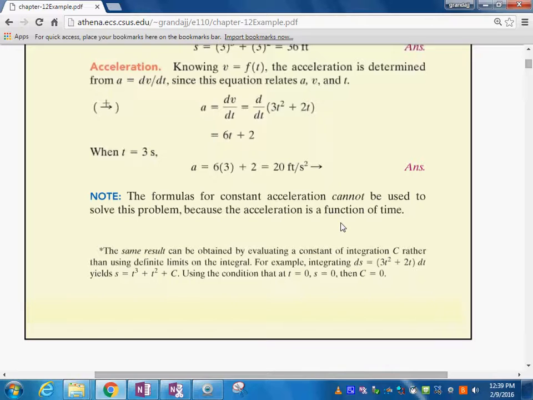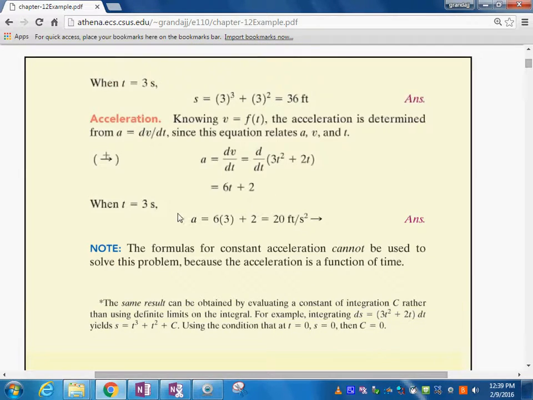In this case, because the acceleration is a function of time and we have to differentiate, we have to use its own equation and not the equation of linearly accelerated motion, which is the basic equations that we know of.